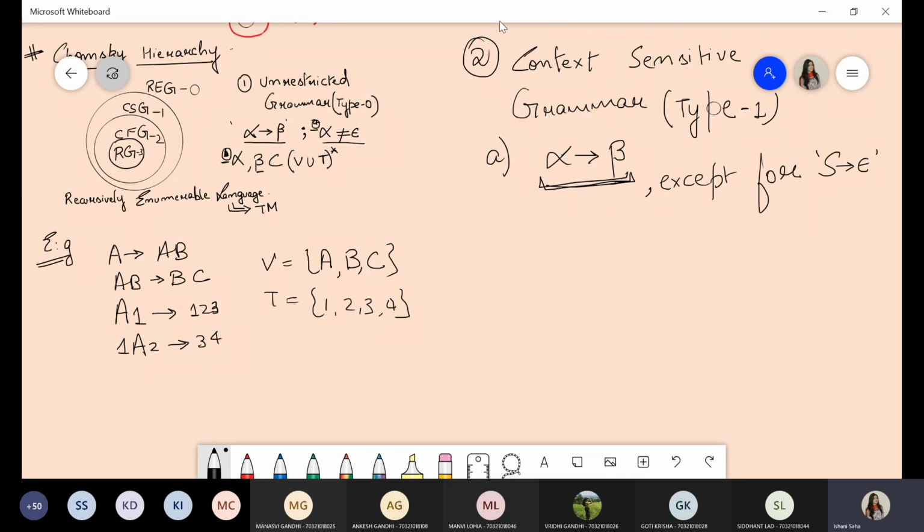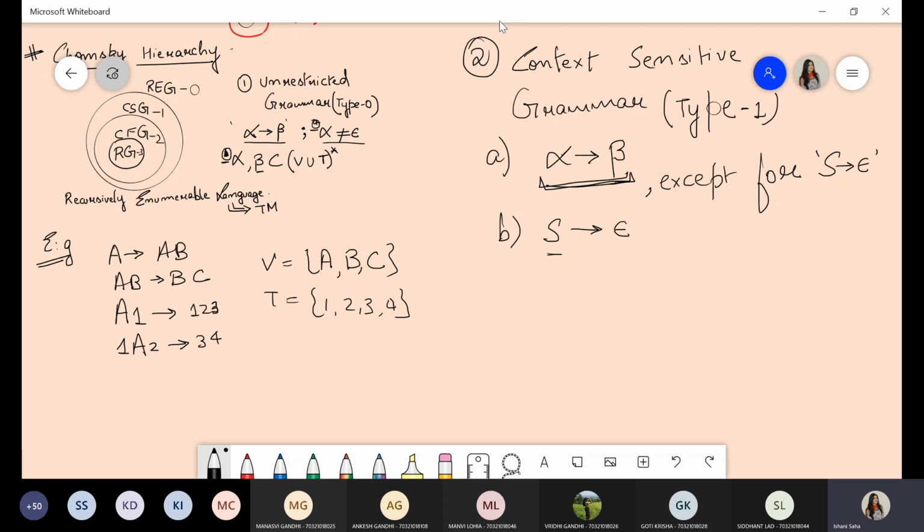Okay, now write down the next restriction here. The rule S tends to epsilon is allowed only if the start symbol capital S does not appear on the right hand side of any production.